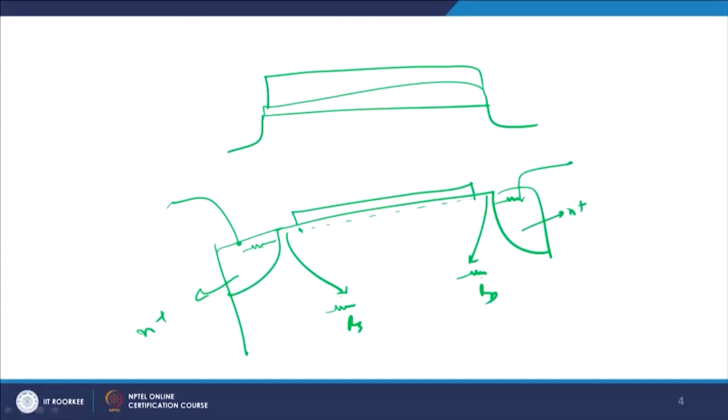The reason you get RS and RD is that, if you look carefully, this is the point where you apply the gate voltage. The electric field is very large in the transverse direction between these 2 points, so the number of charge carriers is very large here, but the number of charge carriers here and here is very small, because you do not have a transverse electric field there. Therefore, the resistance offered by this arm and this arm is relatively very high.